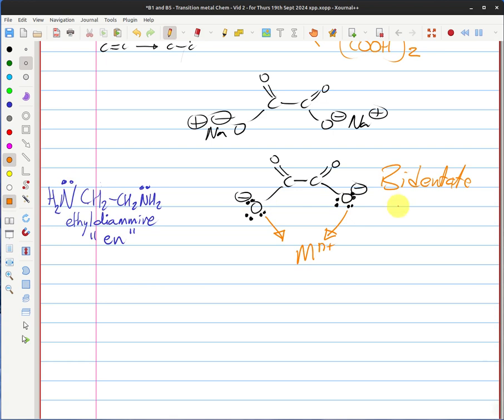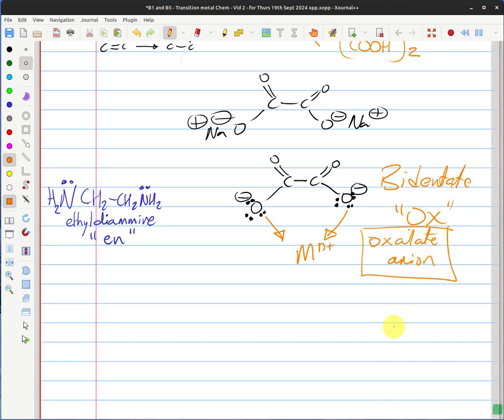So this is called ox. It's the oxalate anion. It's the old name for ethane dioate anion. Oxalic acid is the thing it came from. That's the old name for ethane dioic acid. When chemistry used weird symbols and had completely weird names.